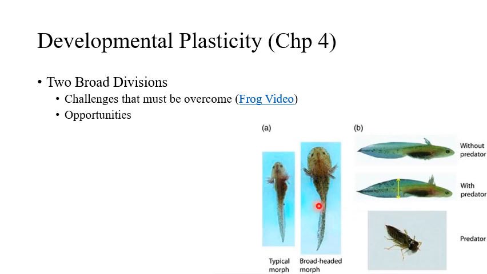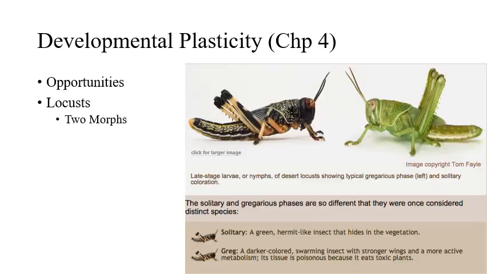But it also turns out to be cannibalistic, right? Like it's trying to take advantage of more resources. It needs more resources in order to grow bigger, right? And there's a lot of stuff about that. But if there's no predator found, it'll take this typical morph, which grows more rapidly. So this allows for more rapid development. So that's trying to take advantage of a situation, okay?